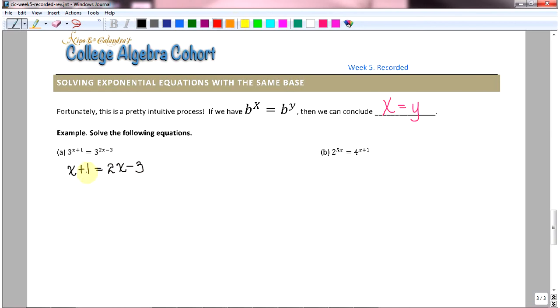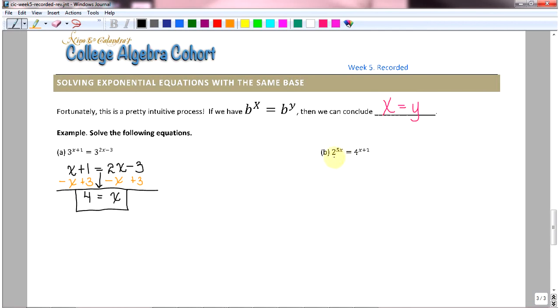I'm going to subtract x from both sides to get my x's over to the right, and add 3 to both sides to get my numbers on the left. So it looks like we have 4 is equal to x. That's it, because we have our variable x by itself. If you plug 4 in for the x's, you'll see that this checks out.